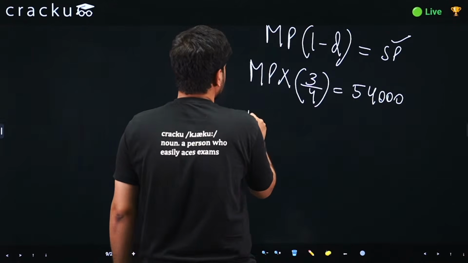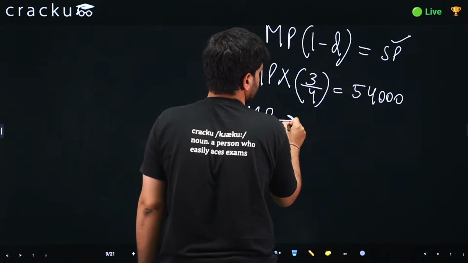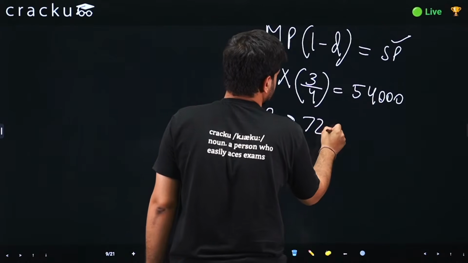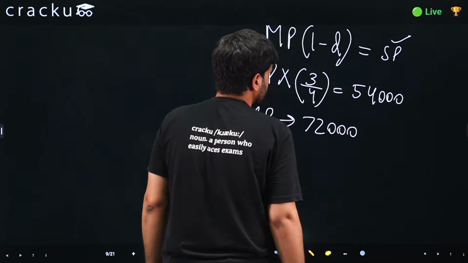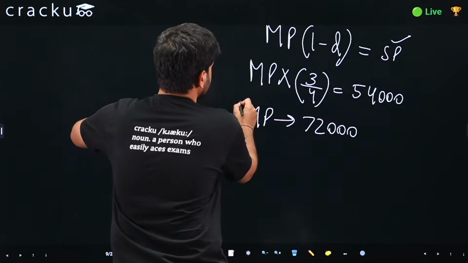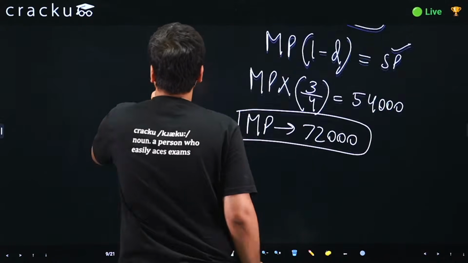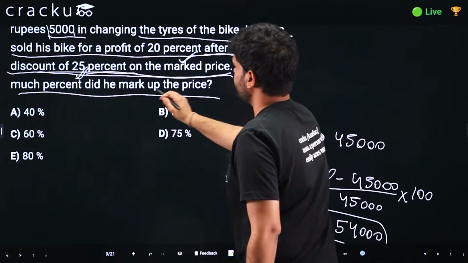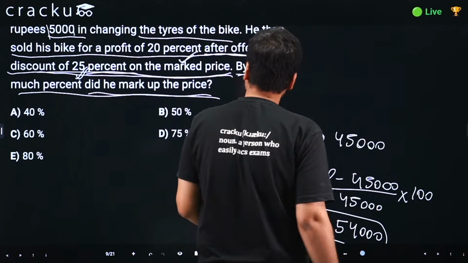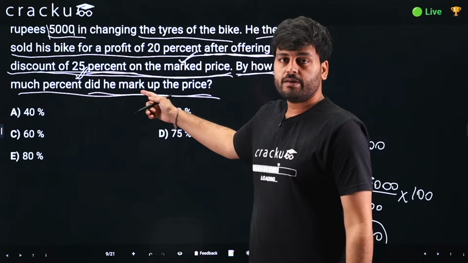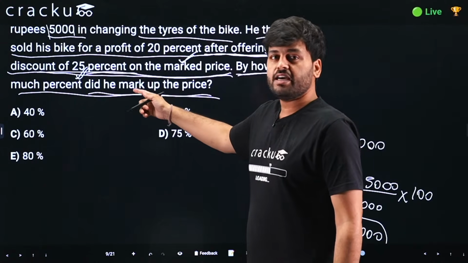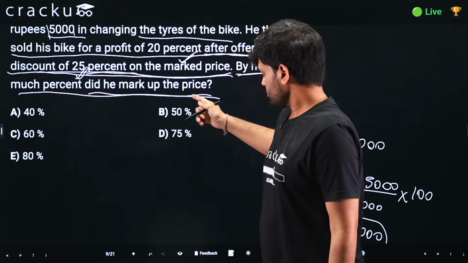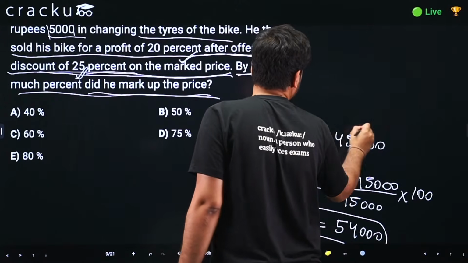Now mark price came out as 72,000. This is the mark price. What are we asked? We are asked by how much percent did he mark up the price. We know that marking up of the price is done on cost price, and we already know the cost price.